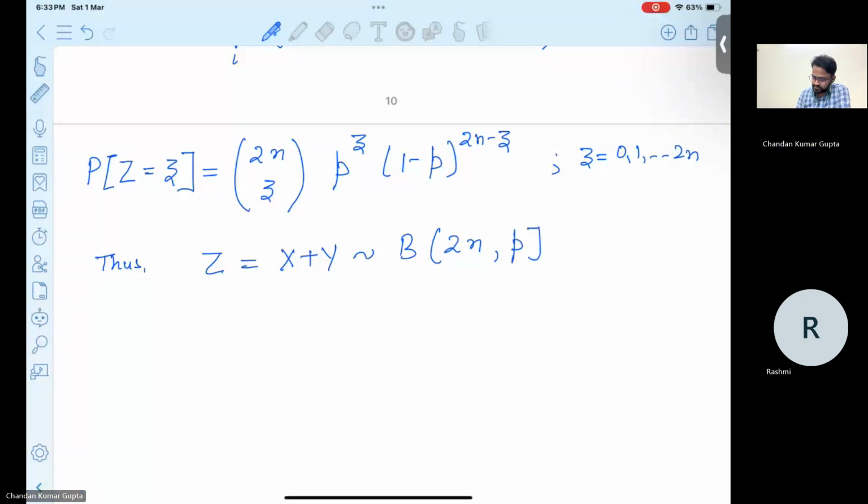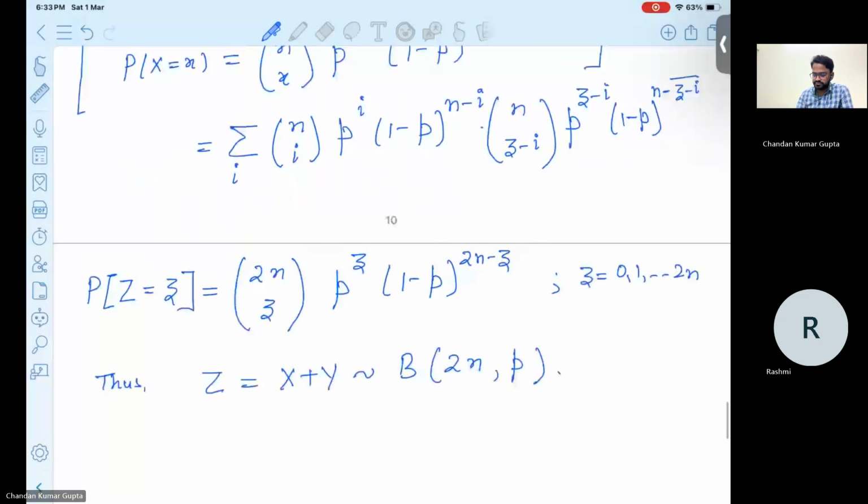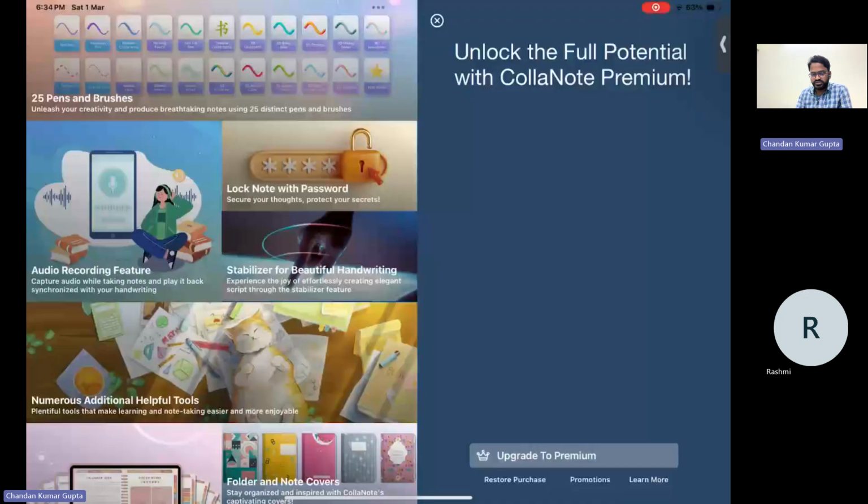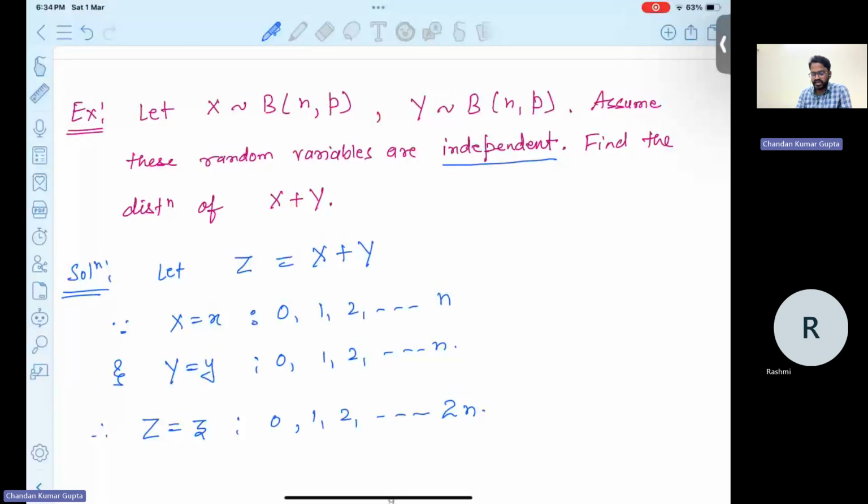So we see that X is binomially distributed and Y is also binomially distributed with the same parameters n and p, and these random variables are independent.